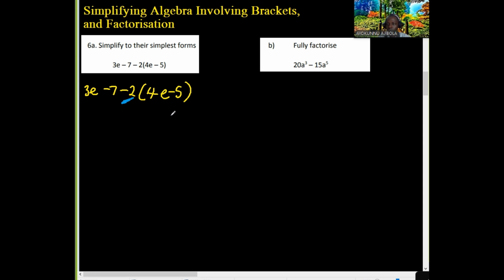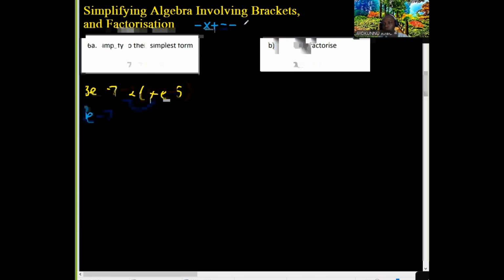So as it opened into the two terms in the bracket, I have 3e, then minus 7, then minus 2 times 4e. Remember this, negative number times positive number gives a negative result.